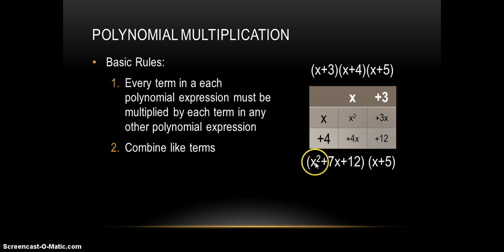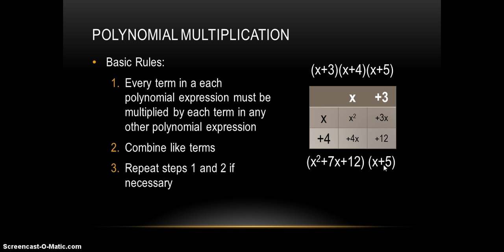That's where I got the x squared plus 7x plus 12. But I'm not finished, because if you remember, I needed to multiply this times x plus 5 as well. Well, I've already put it down here. Now we just got to do it again.